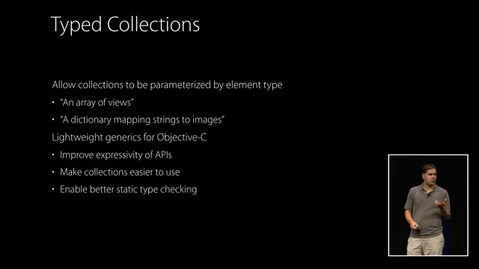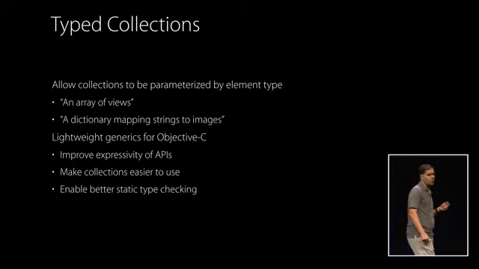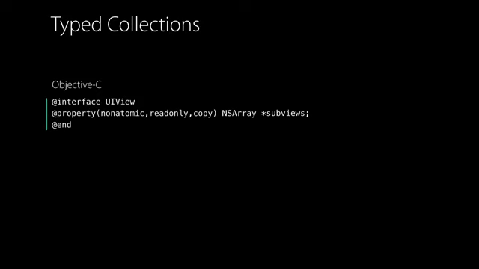So this is a general language feature that can be used to improve the expressivity of your APIs. It makes collections way easier to use now that we have all the static type safety of typed collections. Let's take a look. So here's our subviews property again.